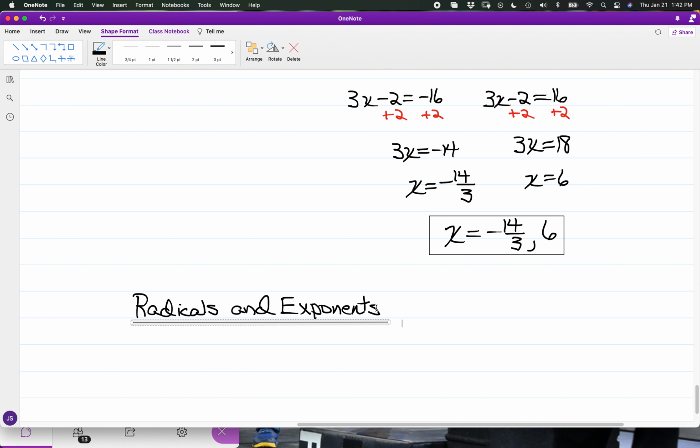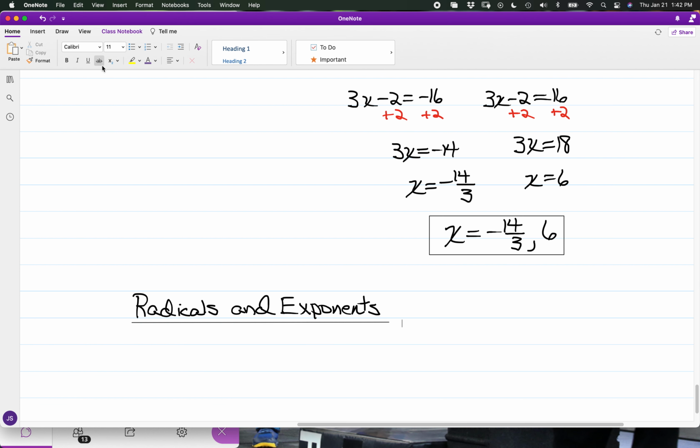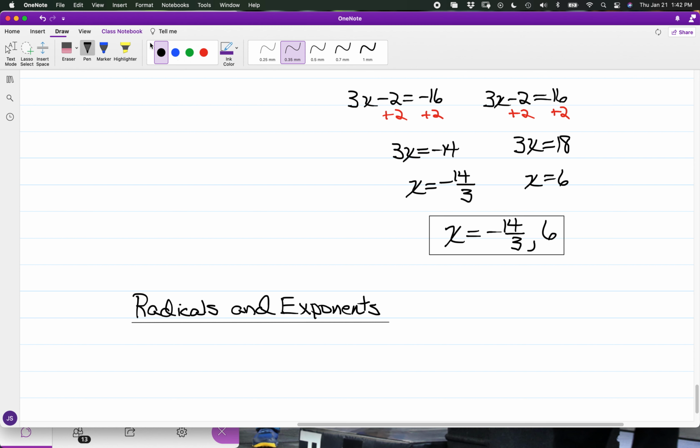For radicals and exponents, I'm just going to leave you a few cases here.